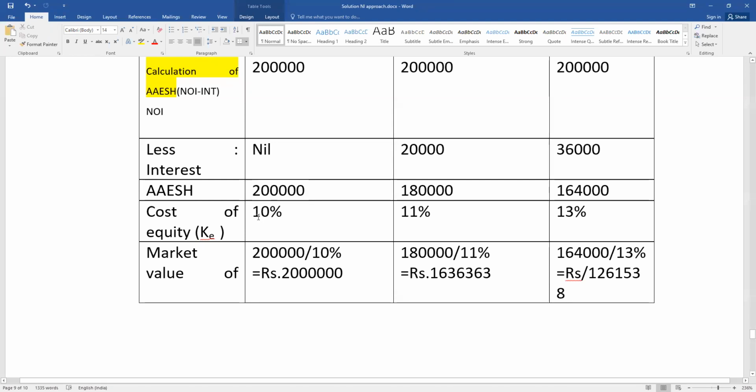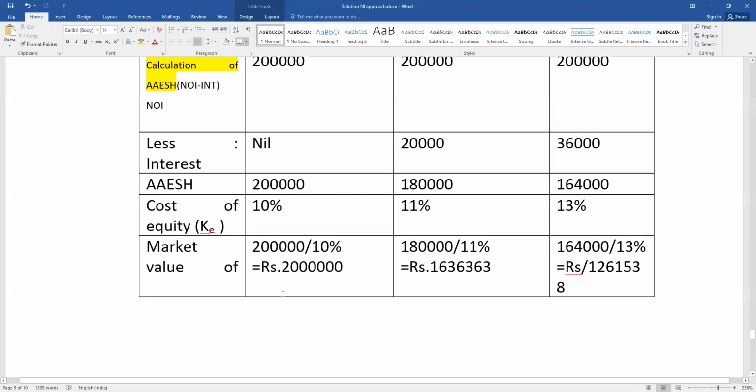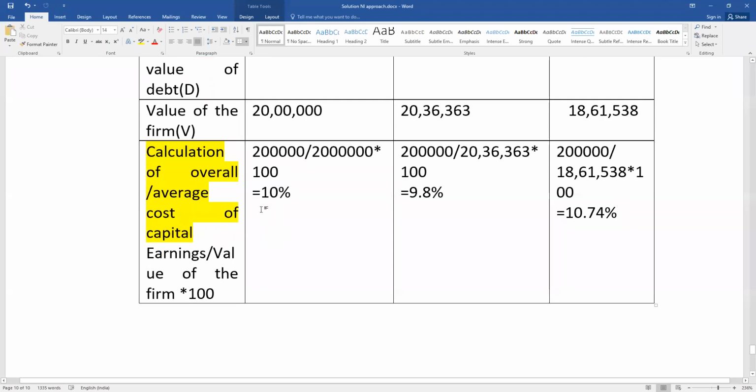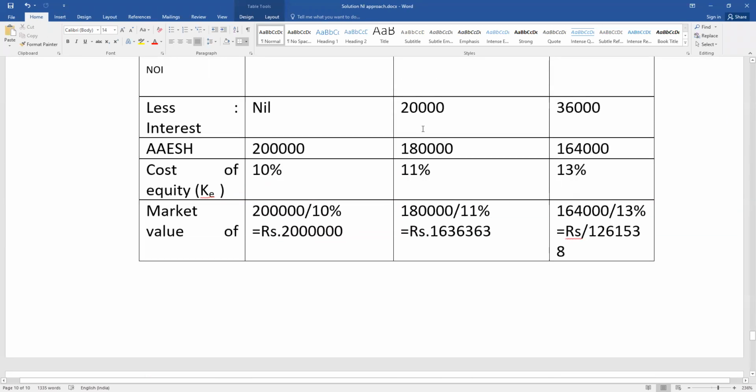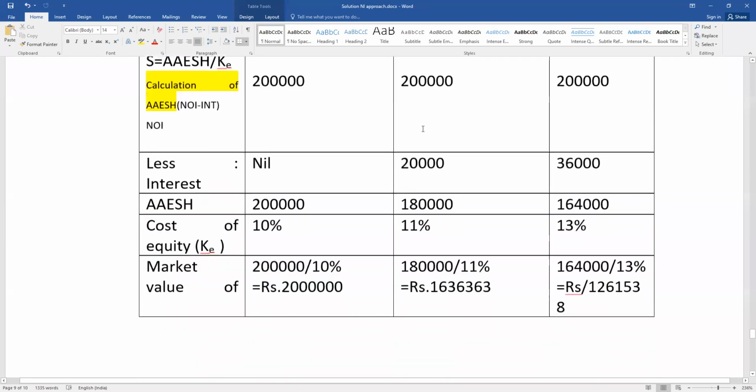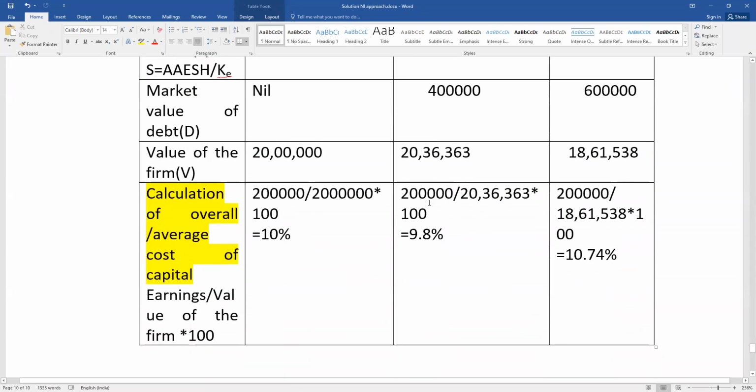If you look here, the overall cost of capital that you have calculated is 10%, 9.8% and 10.74%. The value of the firm is more in the second plan, where you have 4 lakh debentures. When your capital structure has 4 lakh debentures, the value of the firm is more when compared to the other plans.